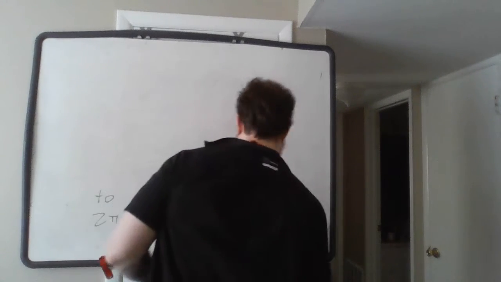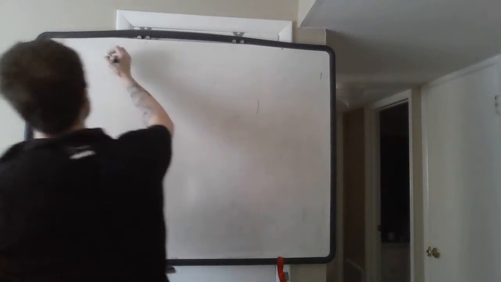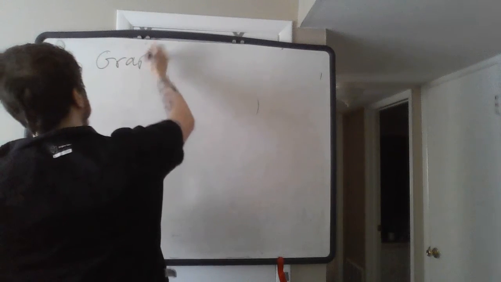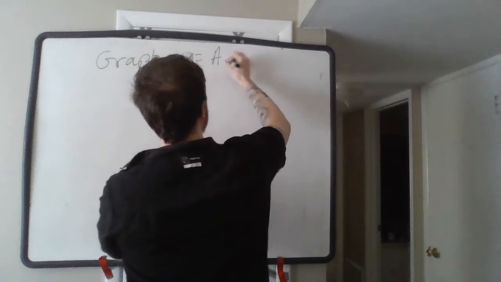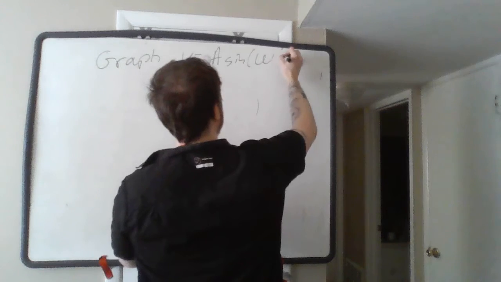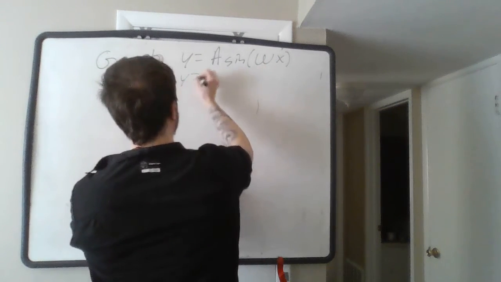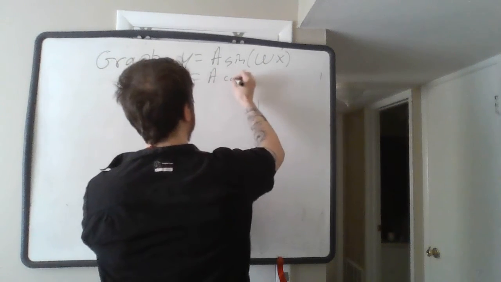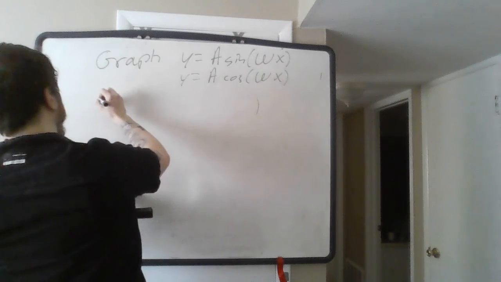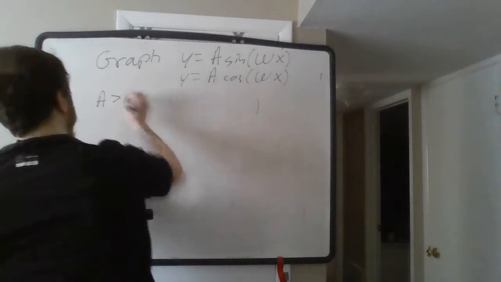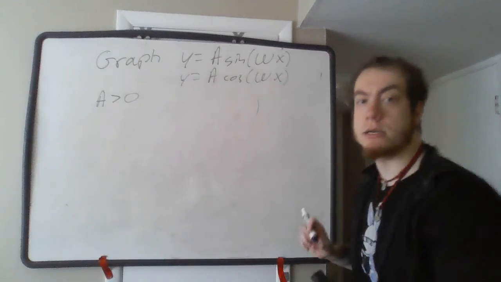So, how do you graph something of the form y equals a sine omega x, or y equals a cosine omega x? And we will assume here that a is bigger than 0 just to make things easy on ourselves.